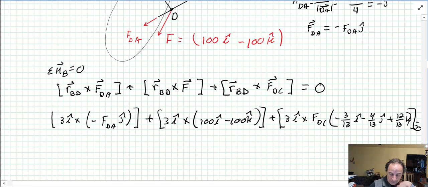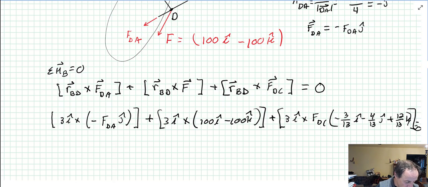Do the cross products. And just like last time, I'll give you the components I get. I leave the cross products to you to work out.